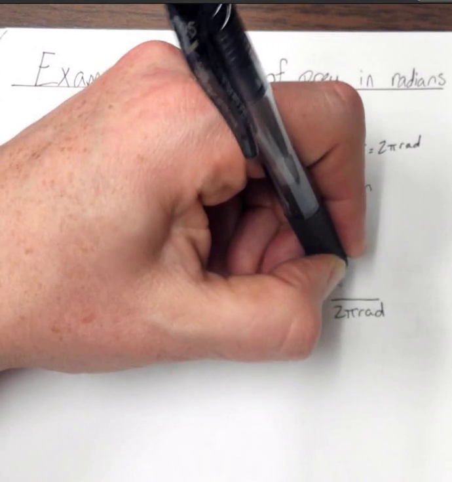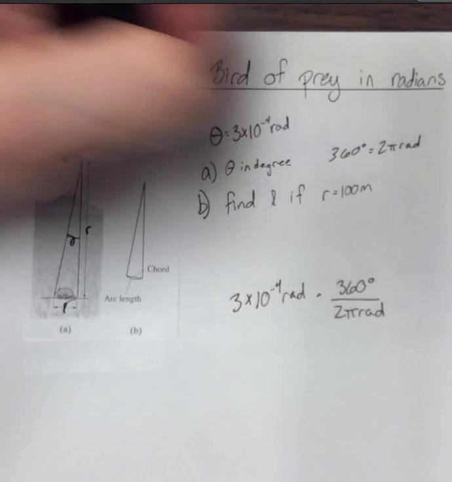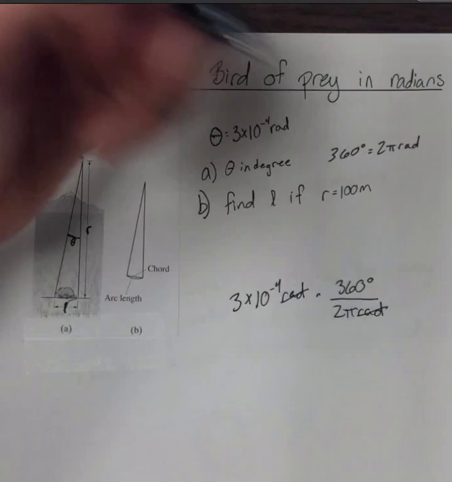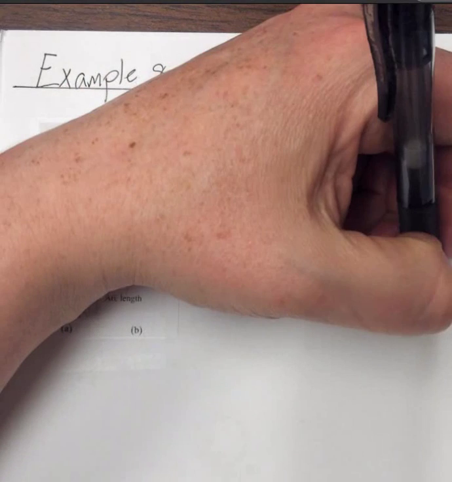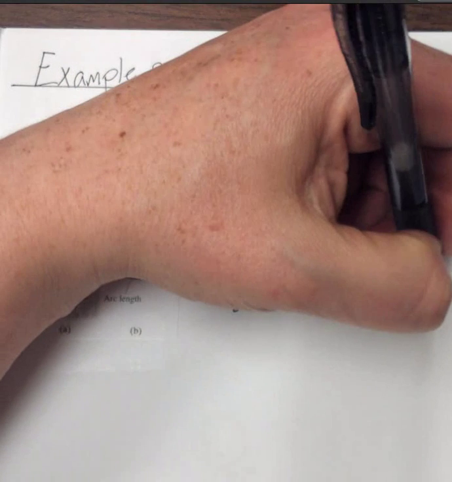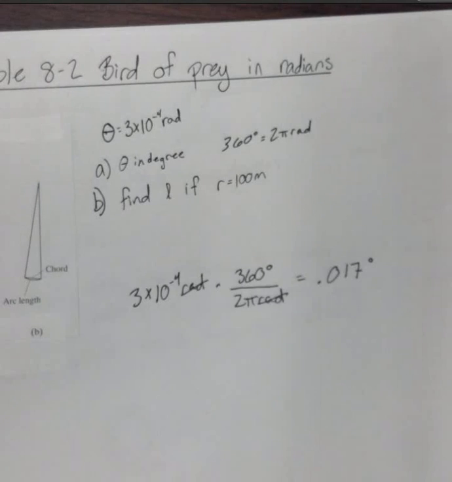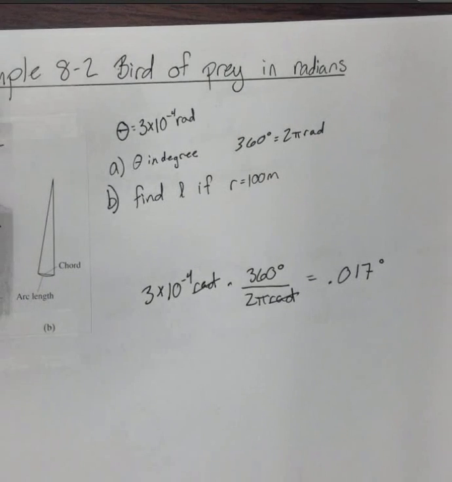And if I do that, the radians will cancel out. Remember, that's an imaginary unit that we've created. And this is an incredibly small angle. It's 0.017 degree. So that's how small of a measurement the bird can see.